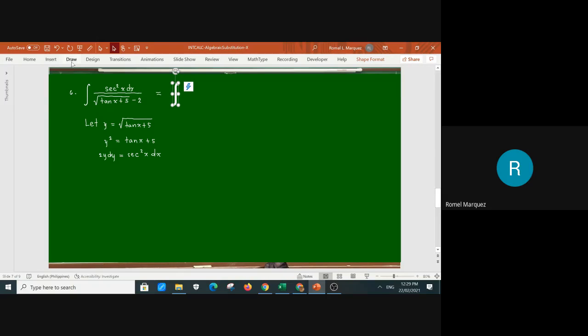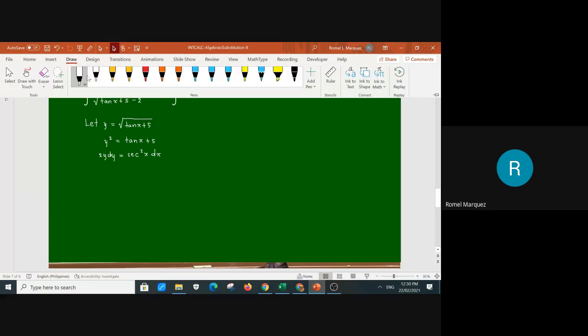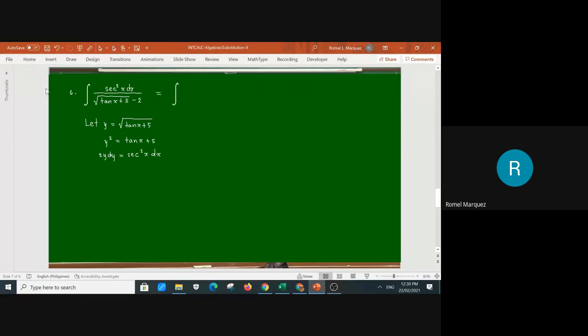What will be in the numerator? 2y dy. What about in the denominator? y minus 2.